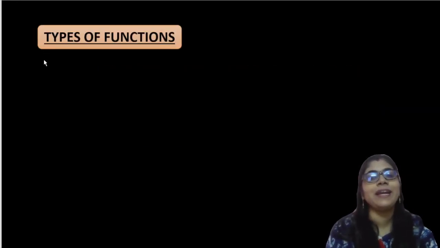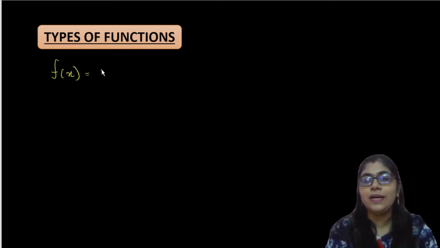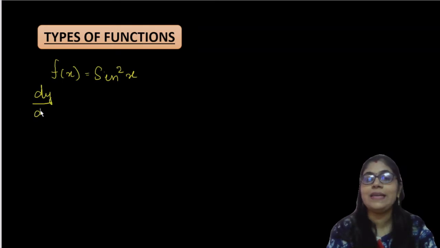We have already done different types of differentiation. So we have taken different functions. For example, if f(x) is equal to sin squared x, then f'(x), or you can say dy/dx, is equal to 2 sin x into cos x.